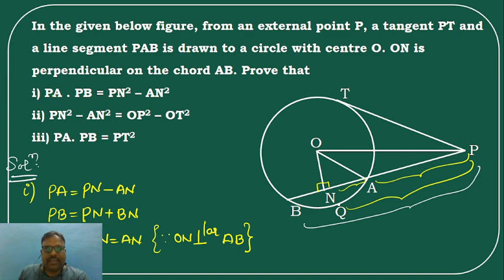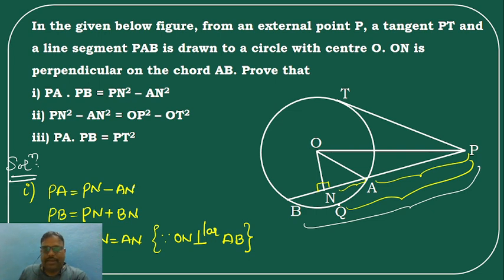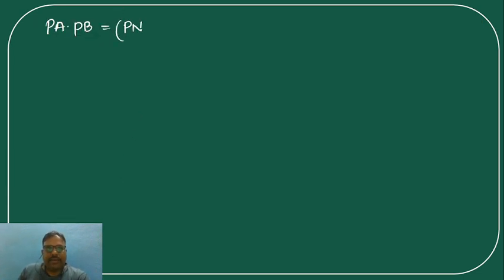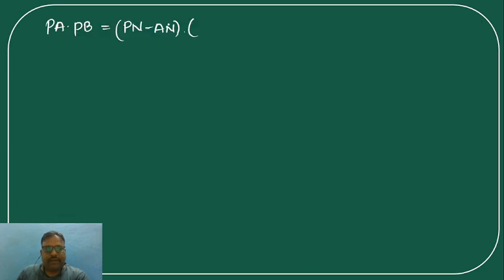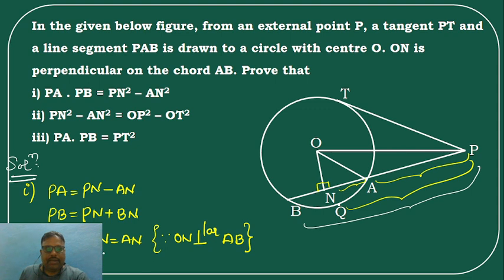Now the first case, PA into PB, I have to take on the LHS. PA into PB is equal to, what is PA you got here? PN minus AN, into PB, which is PN plus BN. We already got BN is equal to AN, since ON is perpendicular to AB.